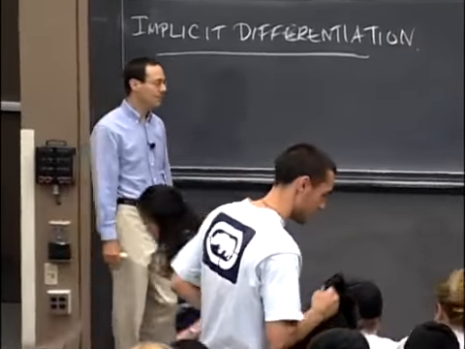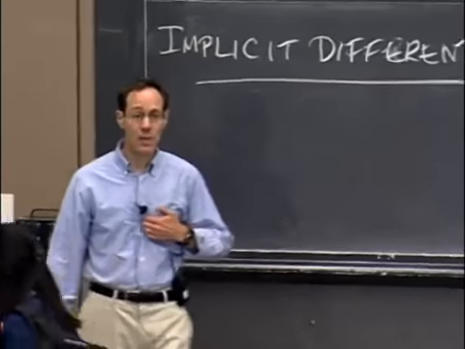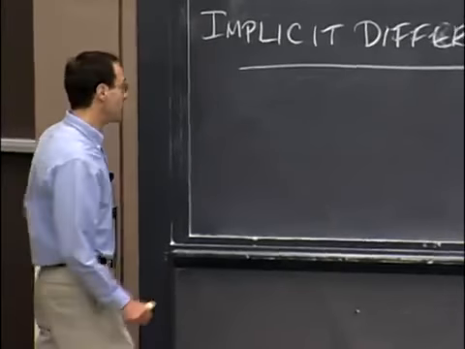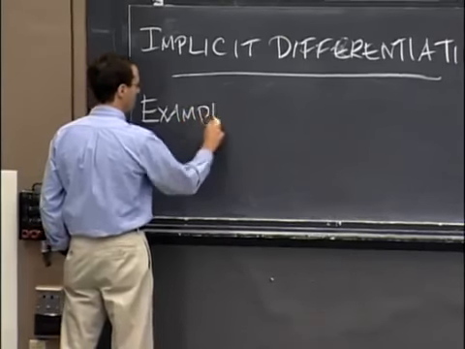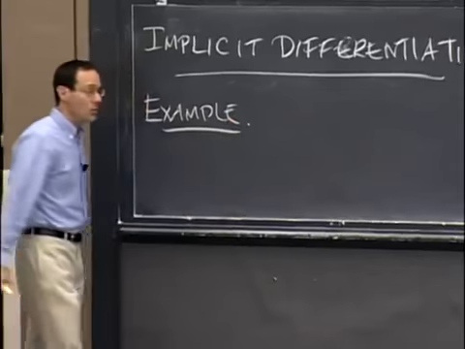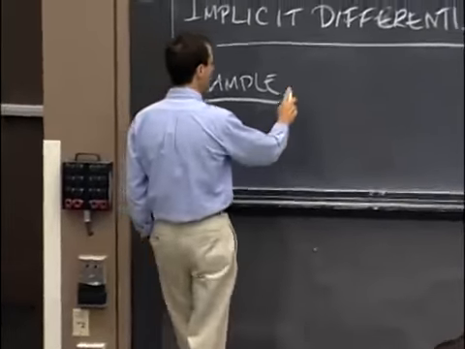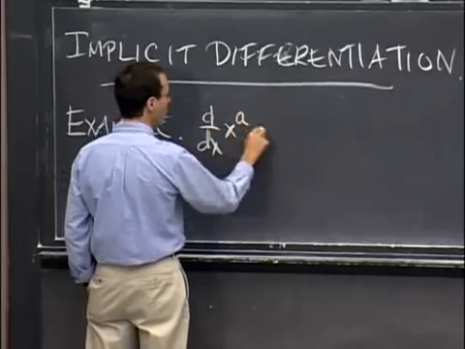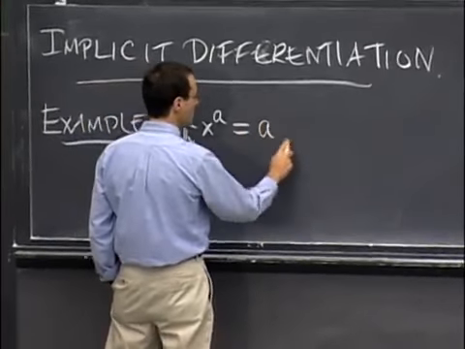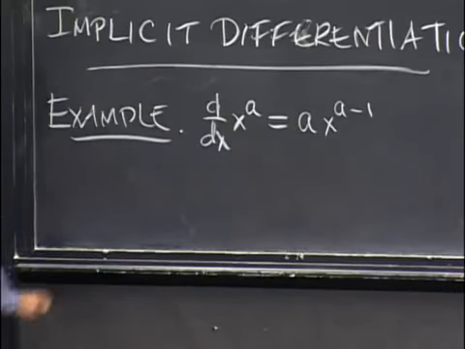All right. So we're talking about implicit differentiation, and I'm going to illustrate it by several examples. This is one of the most important and basic formulas that we've already learned part way, namely the derivative of x to a power a is a times x to the a minus 1.